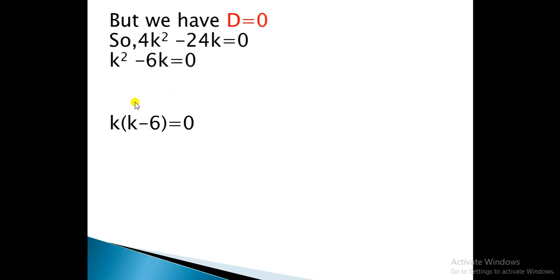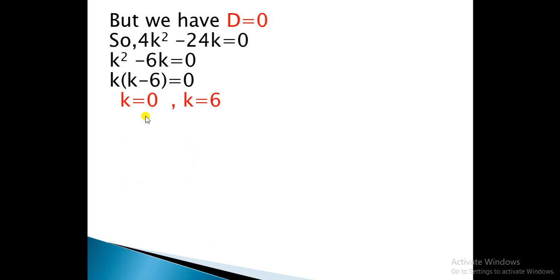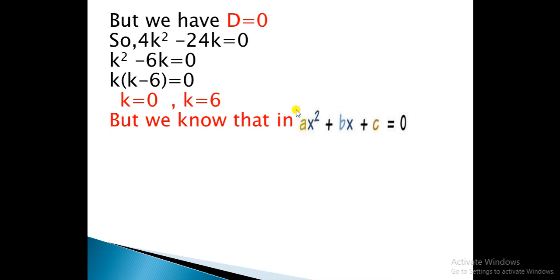So we will write 4k square minus 24k equals 0, which can be written as, we take 4 common and cancel, k square minus 6k equals 0. Now take k as common, you will get k into (k minus 6) equal to 0. So k equal to 0 and k minus 6 equals 0. So we will have two values of k: one is k equal to 0 and the other is k equal to 6.